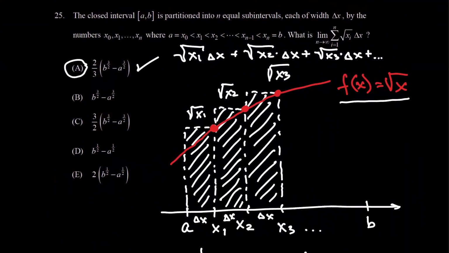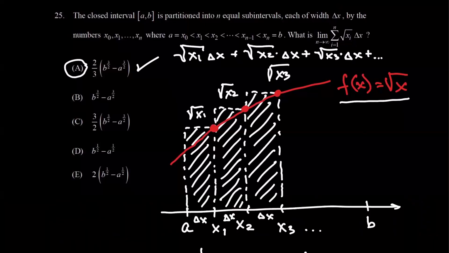And so what did we learn here? We learned that the expression given here as a limit as n goes to infinity of the summation with delta x is potentially a Riemann sum. And so we need to look at what is exactly the function which represents this Riemann sum. And the function is what we have here in the summation sign.